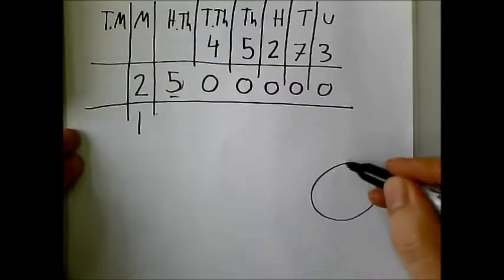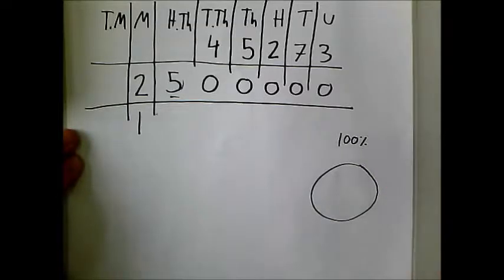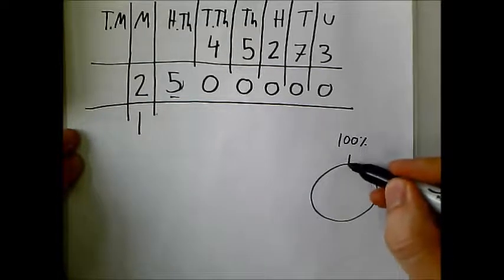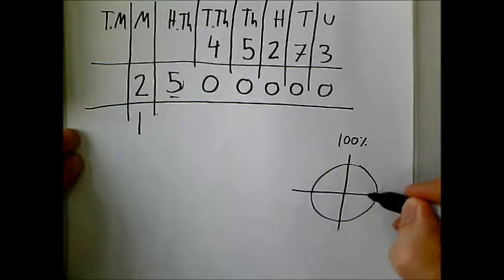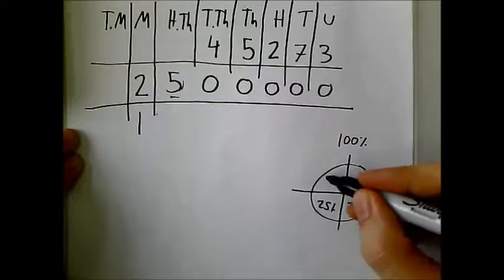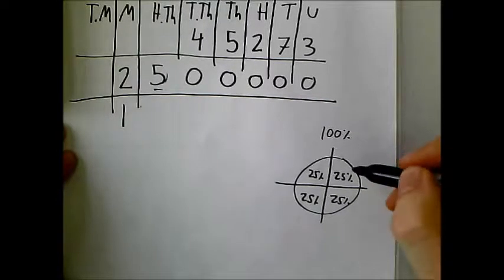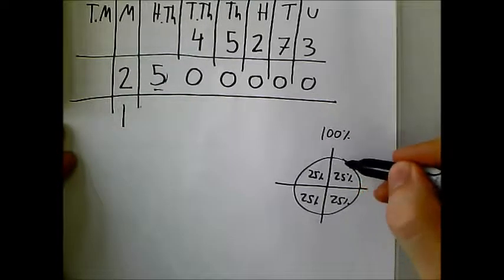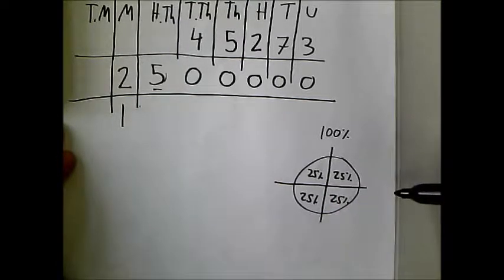and this represents 100%, the whole thing is 100%. If I split it in half, I've got 2 50%. If I split it in half again, each one of these represents 25%. So another way we can think about it is that each of these needs to add up to 1 million.